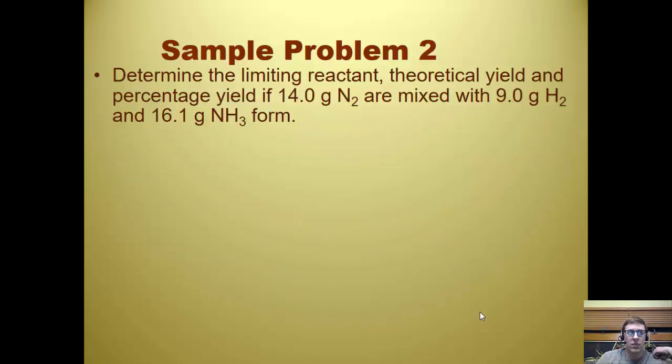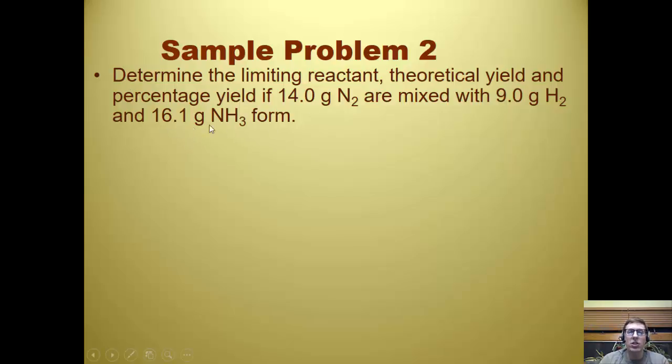Second problem. Determine the limiting reactant, the theoretical yield, and percent yield if 14.0 grams of nitrogen are mixed, mixed is just like reacted, with 9.0 grams of H2 and 16.1 grams of NH3 form. So if the form means it is produced, what do we know this to be? Yes, it is actually formed.